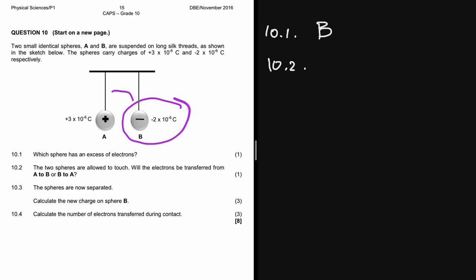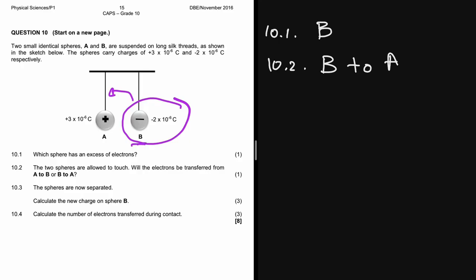So they're going to move from B to A, because B has excess of electrons, so it's going to share its electrons with A so that they become the same. They end up having the same electrons, hence the same charge. So electrons are going to move from charge B to charge A, because charge B has excess of electrons.